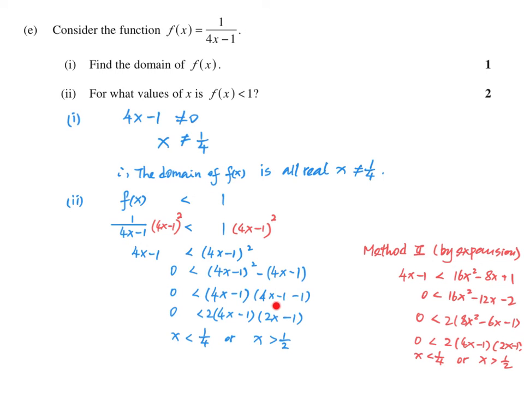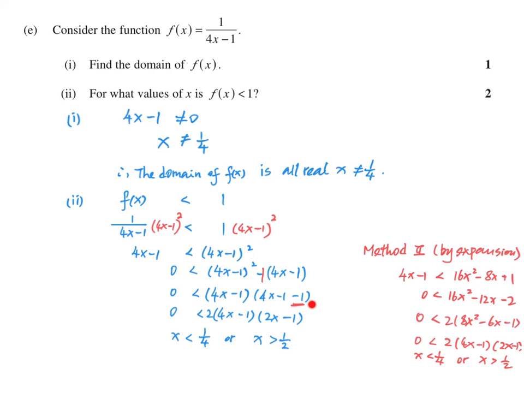So you have 4x minus 1. But on the second term, because there is only one 4x minus 1, when you factorize it out, there's nothing left. Nothing left means you have this 1 times 4x minus 1. So you have this 1 here.